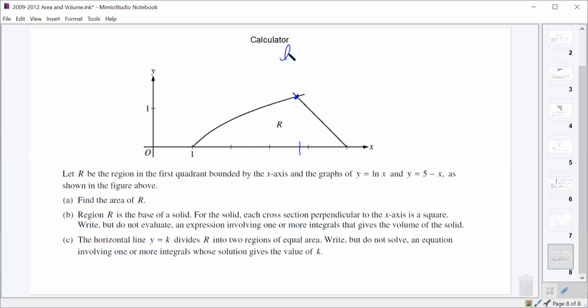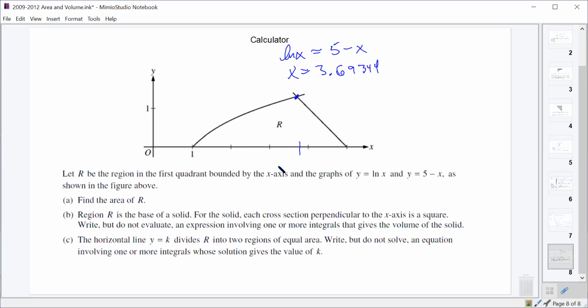So how do we find that intersection point? Set them equal. Exactly. Natural log of X equals 5 minus X. You gotta use your graphing calculator to figure that out. I trust the scoring guide, 3.69344.